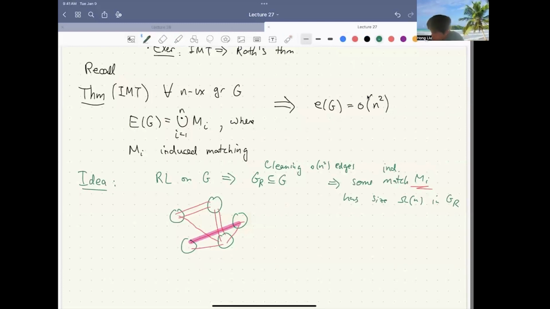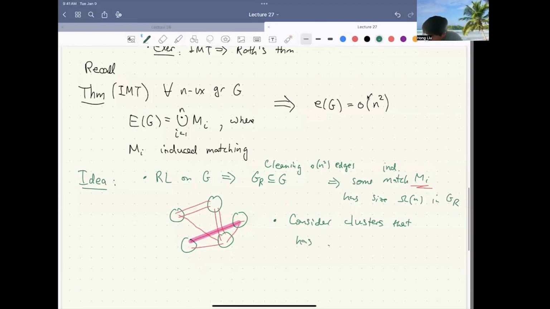So let me write it. Consider clusters that have linear size intersection with Mi, this induced matching.